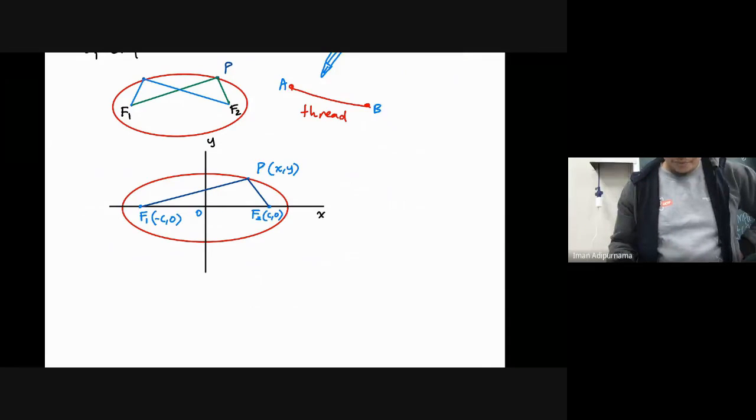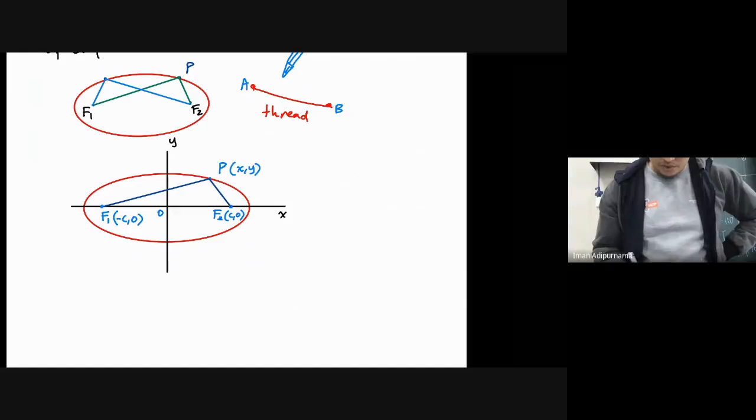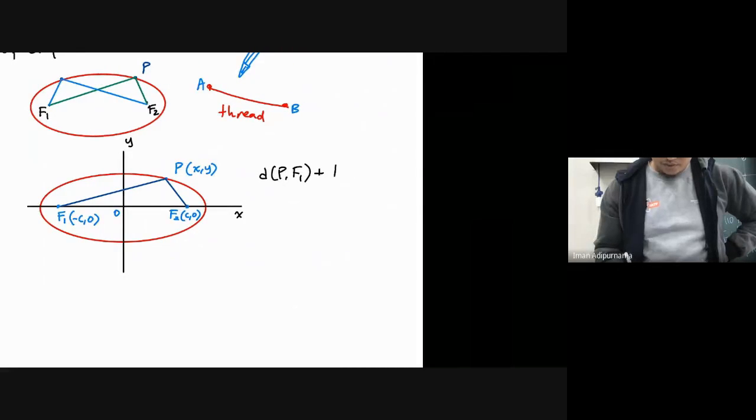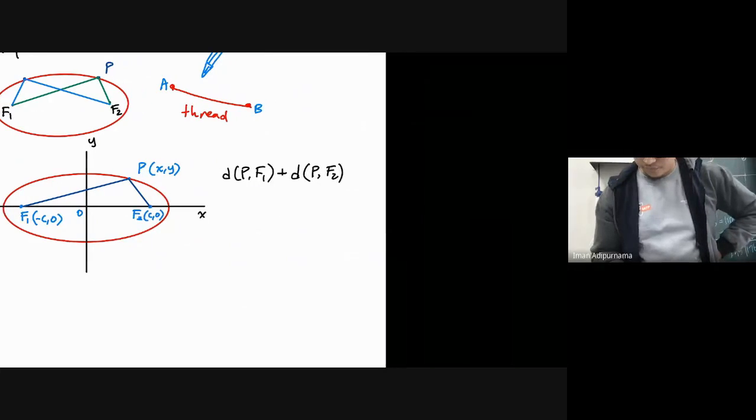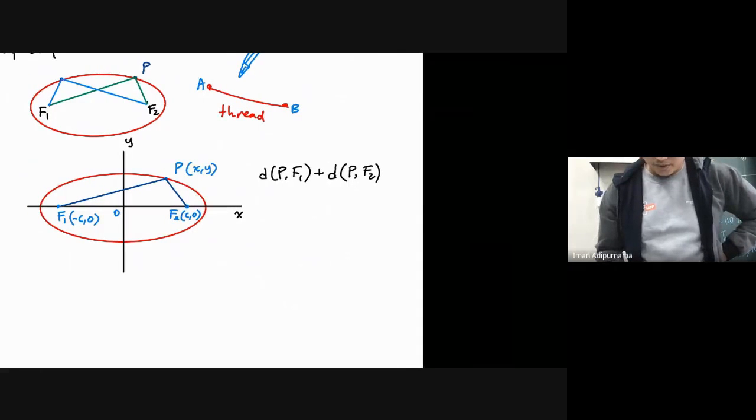Okay, now based on the definition, distance from P to F1 plus distance from P to F2 is a constant. We let the constant be 2a.